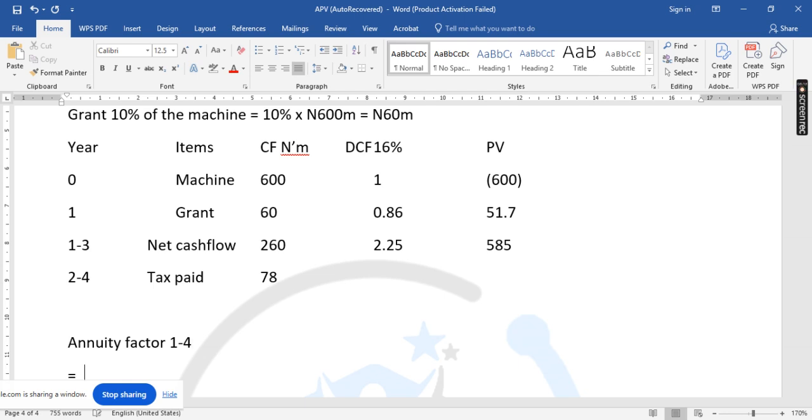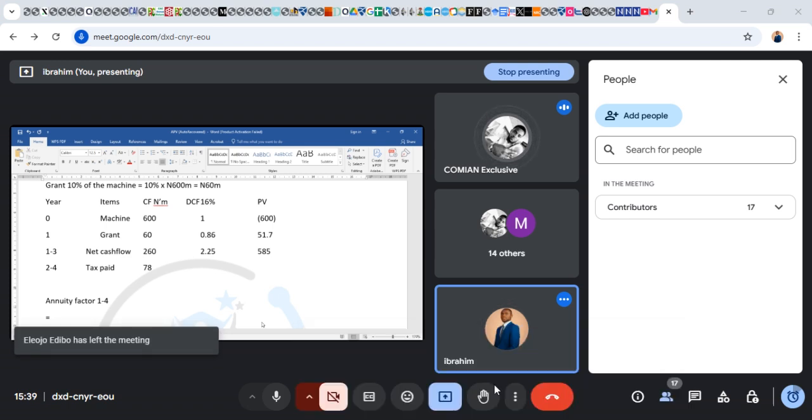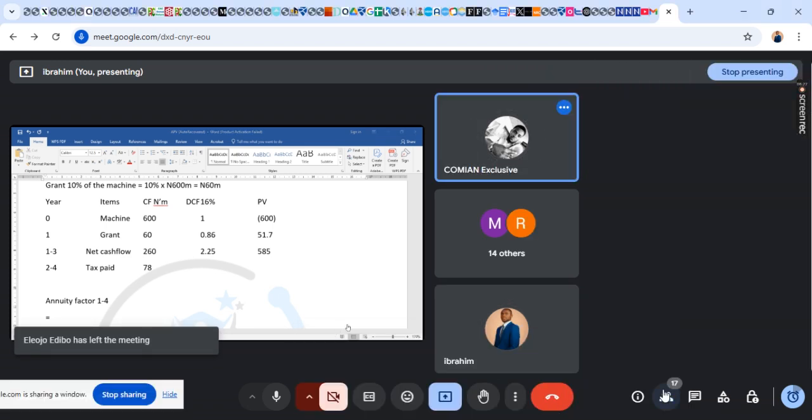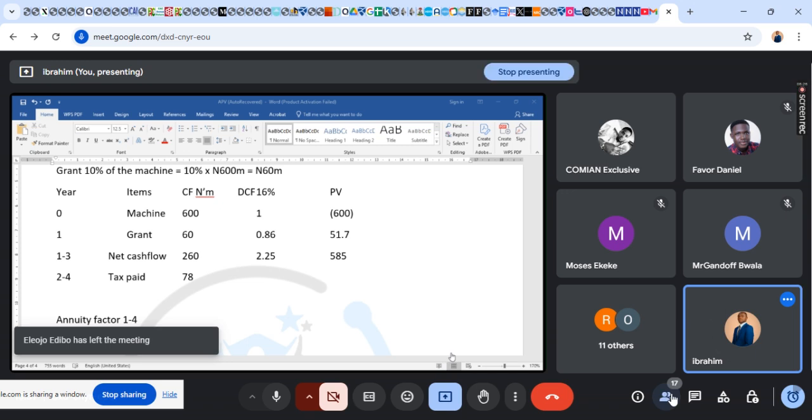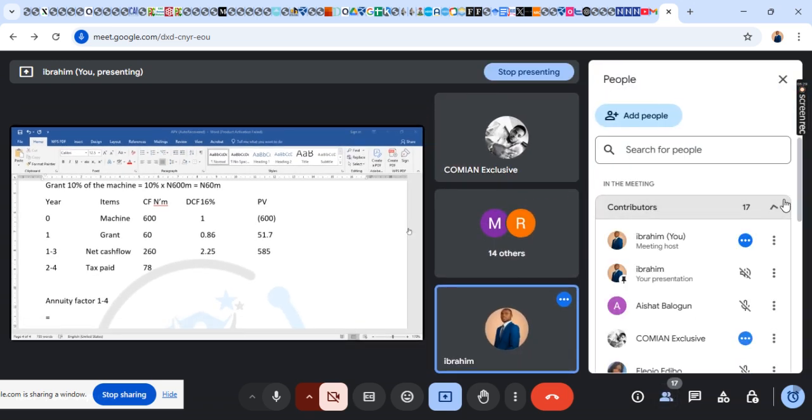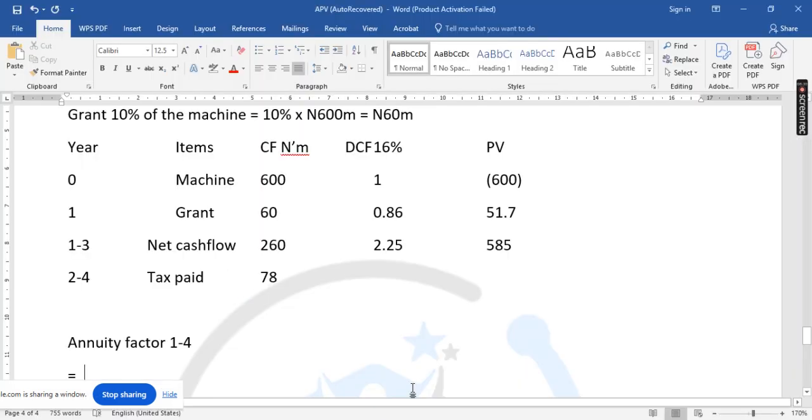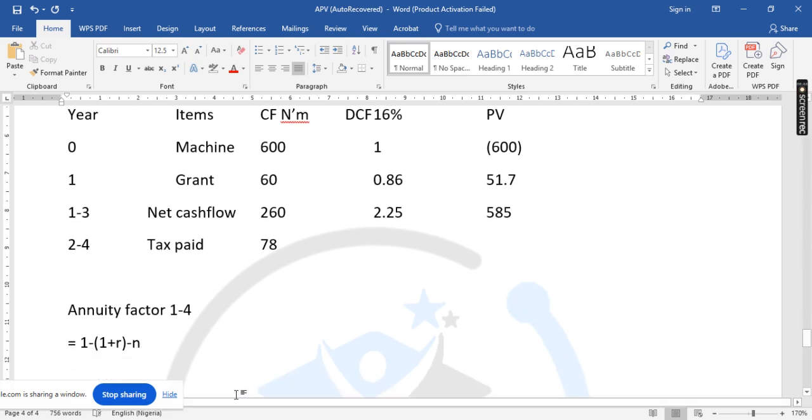So what is the formula for calculating the annuity factor? 1 minus 1 plus R raised to the power minus N, all over R. Thank you, I had forgotten.